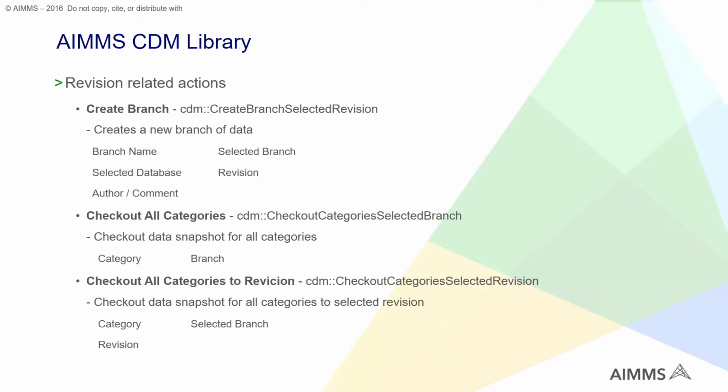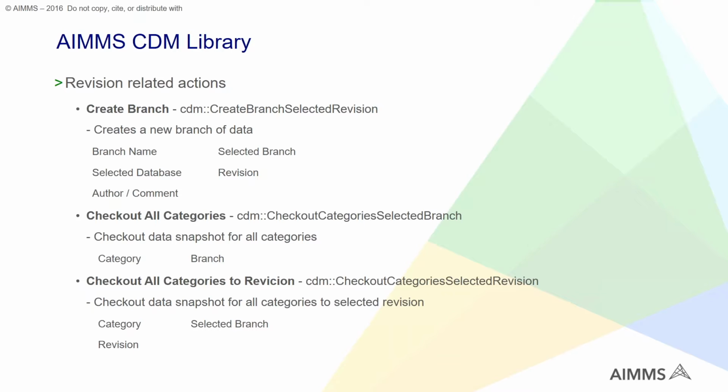The create branch statement will ask you to define the name of a new branch. It will ask you if you want to put any comments to the branch. So if you want to put any purpose, or any tags that you want to add with the branch, you can do that as well.